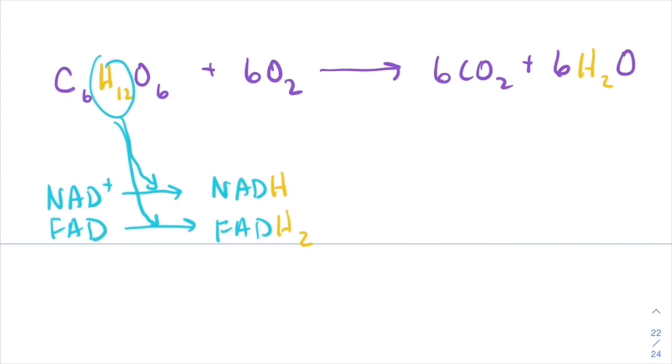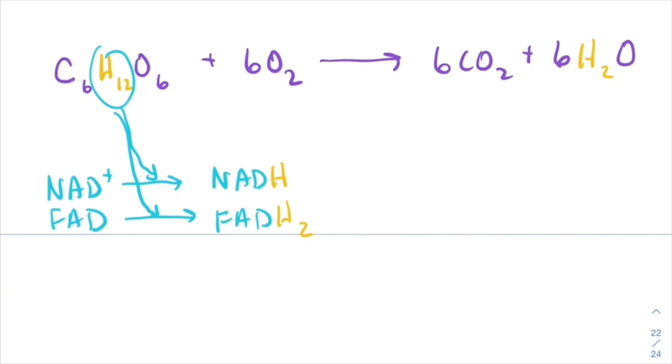Okay, and there are going to be a bunch of NAD. I know the numbers aren't matching up here, but they will later on. But I'm coding them this way to show you that NAD plus and FAD remove these hydrogens from glucose and they become NADH and FADH2.